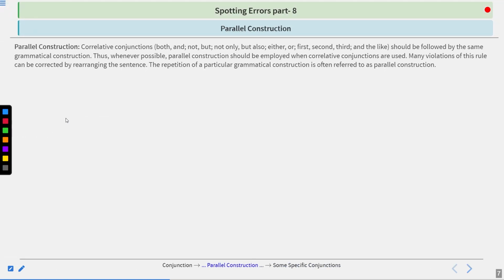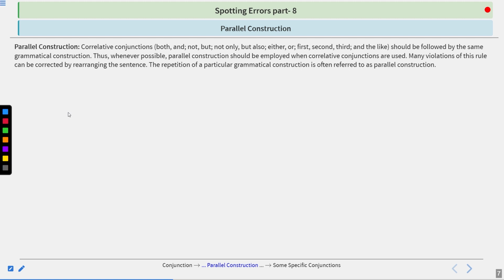Parallel construction. What is parallel construction? Correlative conjunctions like both and, not but, not only but also, either or, first, second, third, and the like should be followed by the same grammatical construction. Thus, whenever possible, parallel construction should be employed when correlative conjunctions are used.